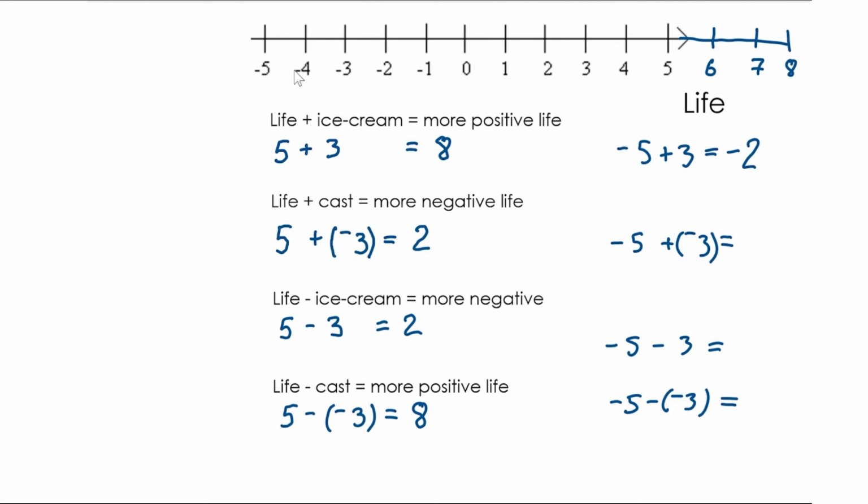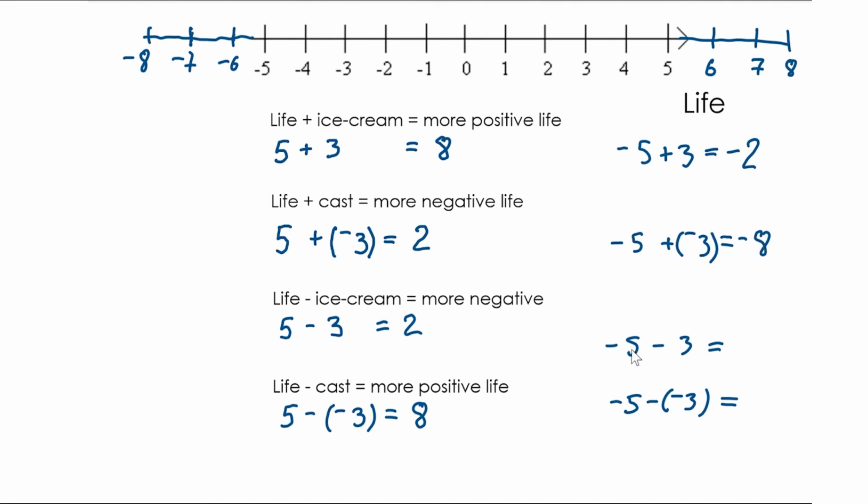Now if your life is as negative as before, -5, and you add to it something negative like a cast, which brings it down by 3 points, you will end up with -6, -7, -8 life level, because we went down by 3 points. So it becomes even more negative at -8.